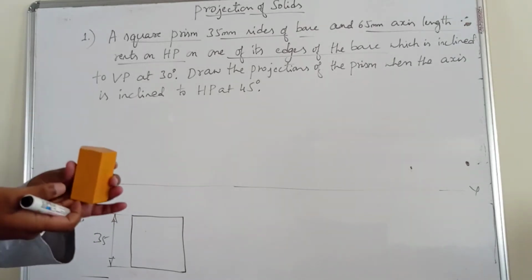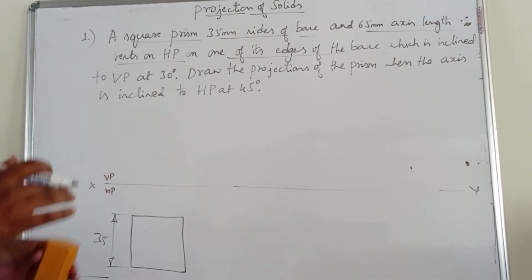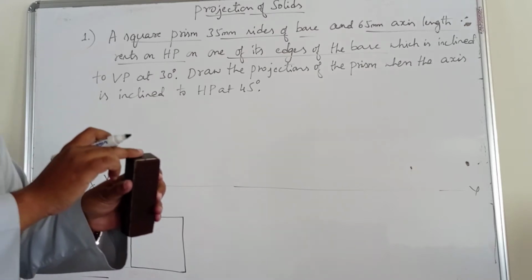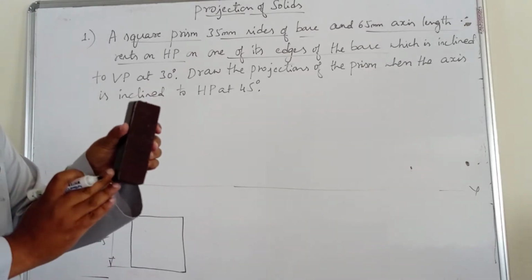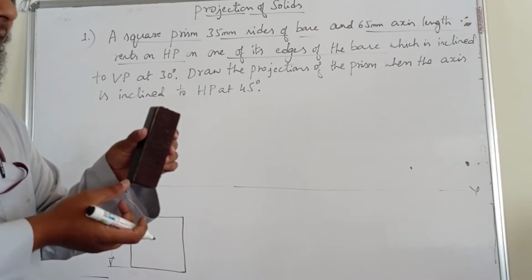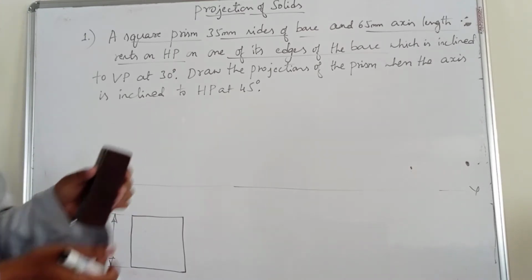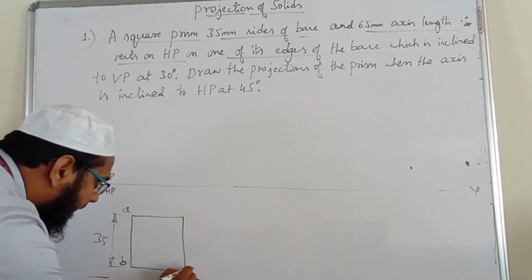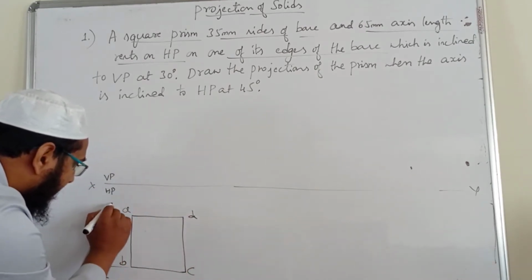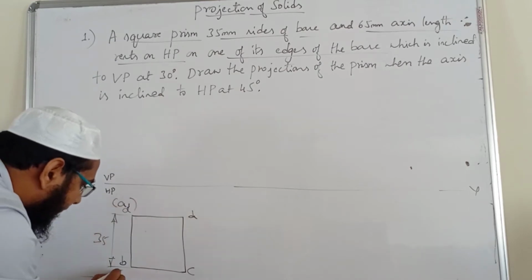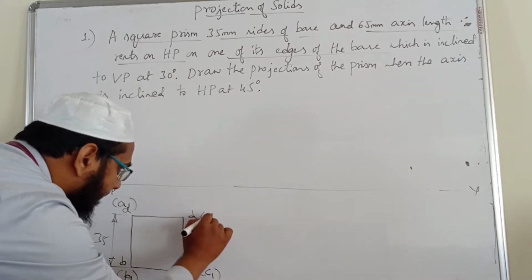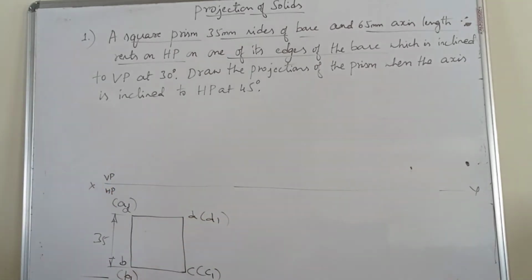The top face will be A, B, C, D, which is visible to us, and the bottom face, which is not visible from the top view, will be A1, B1, C1, D1, in brackets. So the top face notations are A, B, C, D, and similarly the bottom face notations are A1, B1, C1, D1.